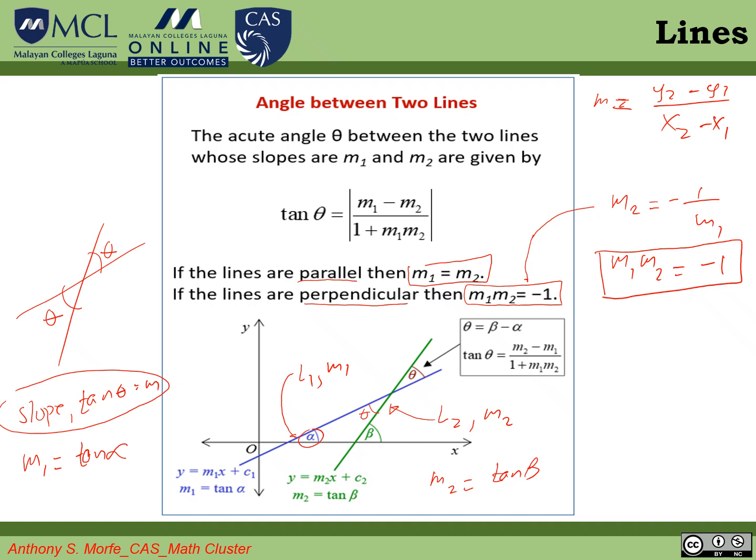The derivation, class, is a little long, but at the moment I just want you to remember this. It has to do with solving the slope of a line. Just remember that the tangent of the angle theta is equal to opposite over adjacent.